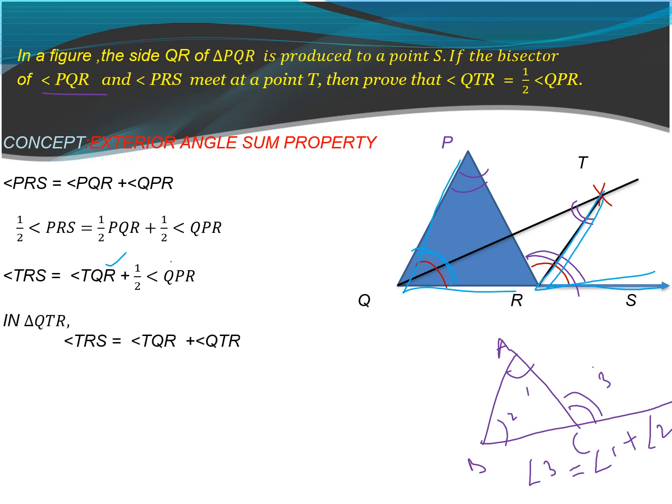Now take the other triangle QTR. In QTR, again TRS is an exterior angle, so angle TRS is equal to angle TQR plus angle QTR.